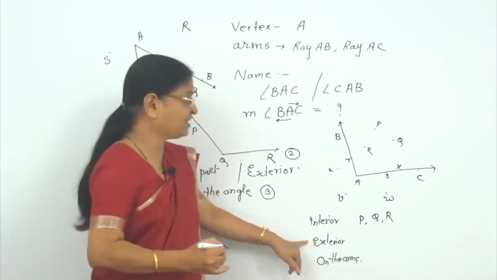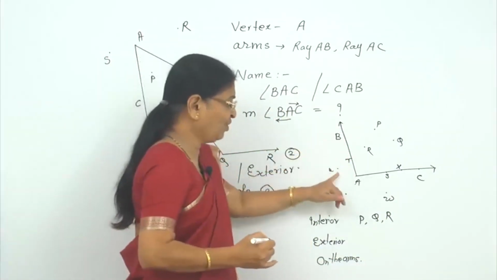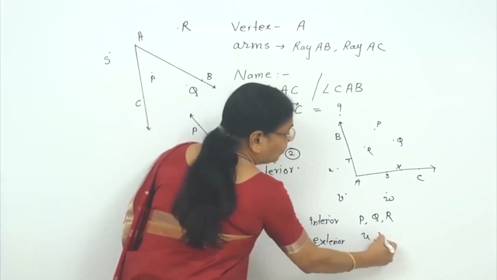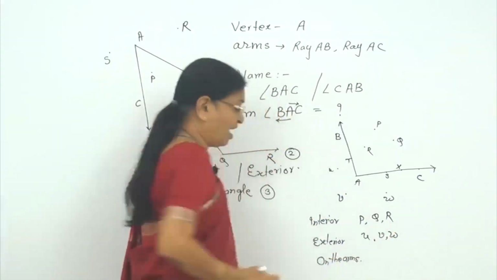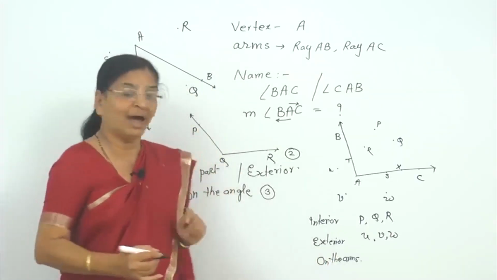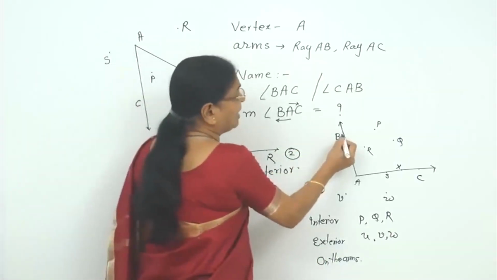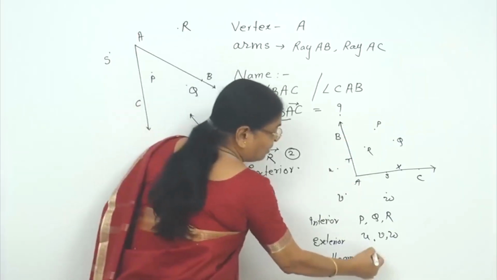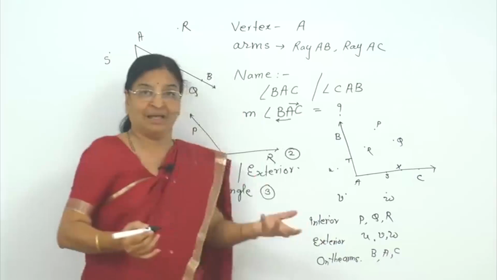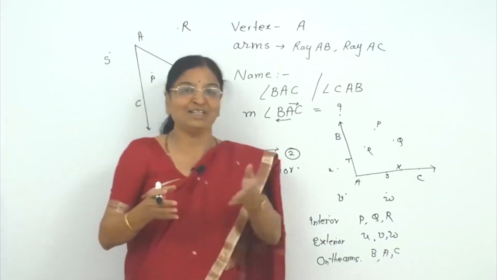Which points are in the exterior? See, you can have U, V and W. So U, V and W are in the exterior. And which points are on the arms, that is on the angle? Of course, one is B, the next is A, then the next is C, because the name of the angle is BAC.